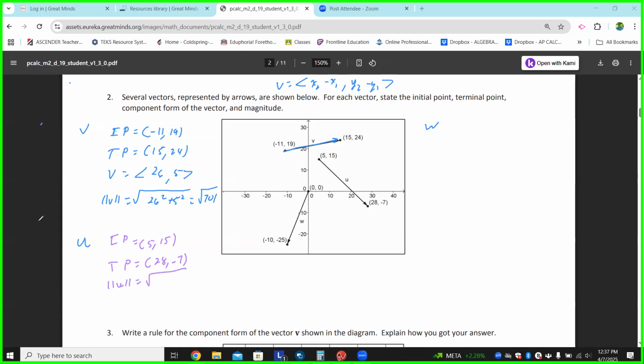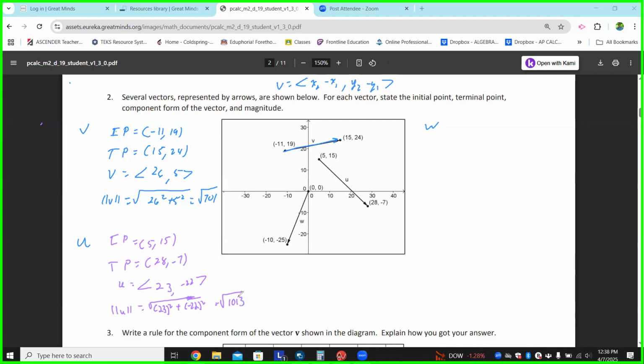That's right. 28 minus 5, which is 23. And then negative 7 minus 15 is negative 22. So then the magnitude of u would be 23 squared plus negative 22 squared, which gives you what?